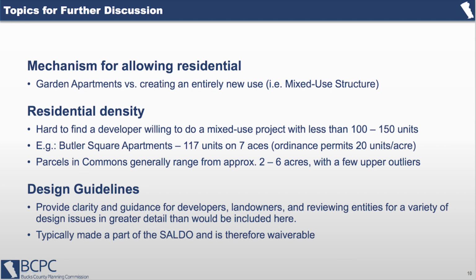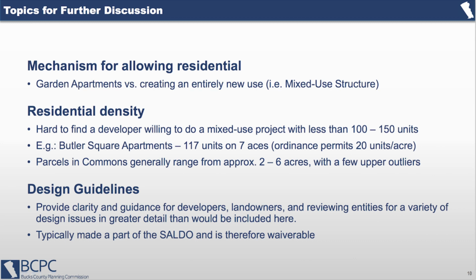Yeah, and that might be a nice segue into the second topic for discussion, which was the residential density. That would be a provision that we included in here. From our conversations with the development community, we're hearing that it's not making economic sense for them to do mixed-use projects with less than 100 to 150 units.